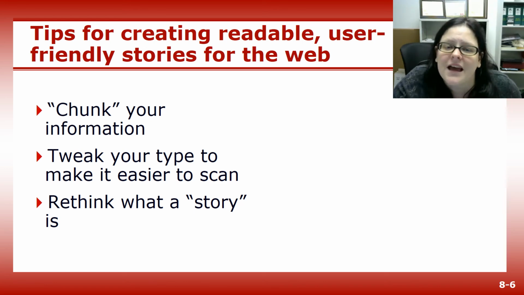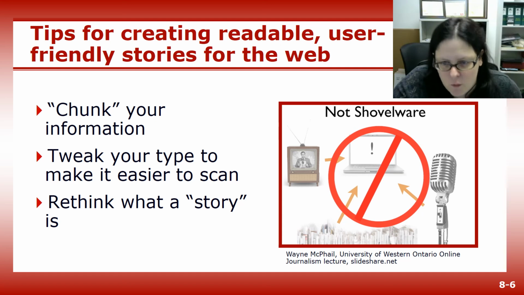Most importantly, try to avoid shovelware, text lifted directly from a print publication, essentially shoveled onto a website without adaptation or enhancement. As Harrer says in the textbook, the web is smart. Shoveling stories online is dumb.